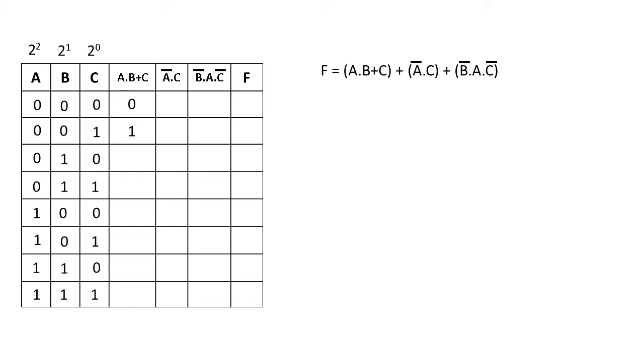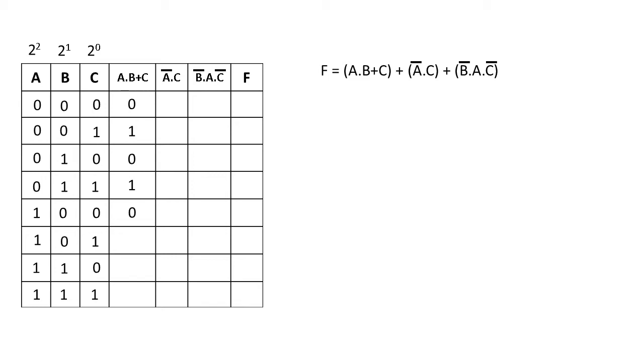Again in the third row, 0 into 1 plus 0 is 0. We know 0 into 1 is 0, and 0 plus 0 will always be 0. Again 0 into 1 is 0, 0 plus 1 is 1. After that 1 into 0 is 0, and 0 plus 0 is 0.